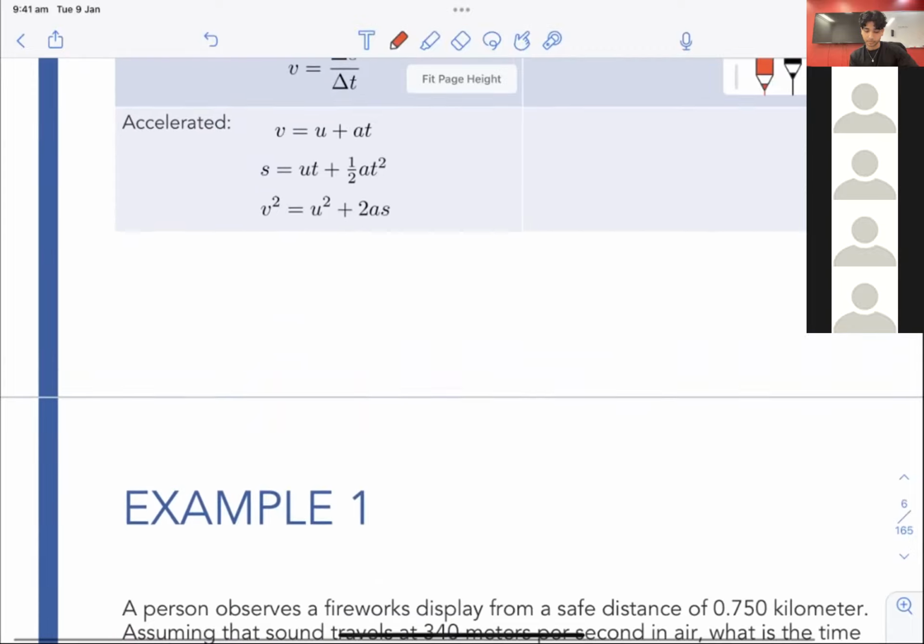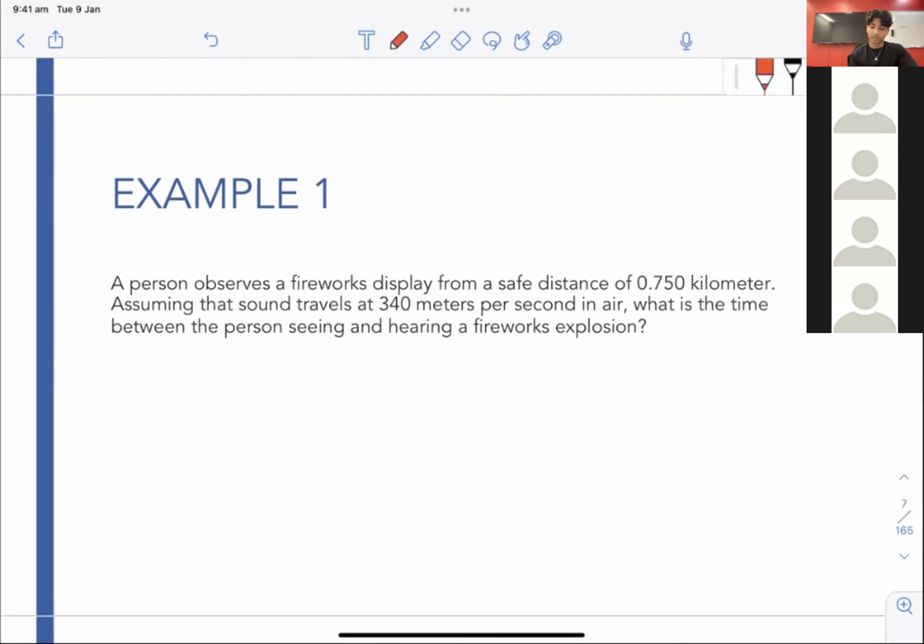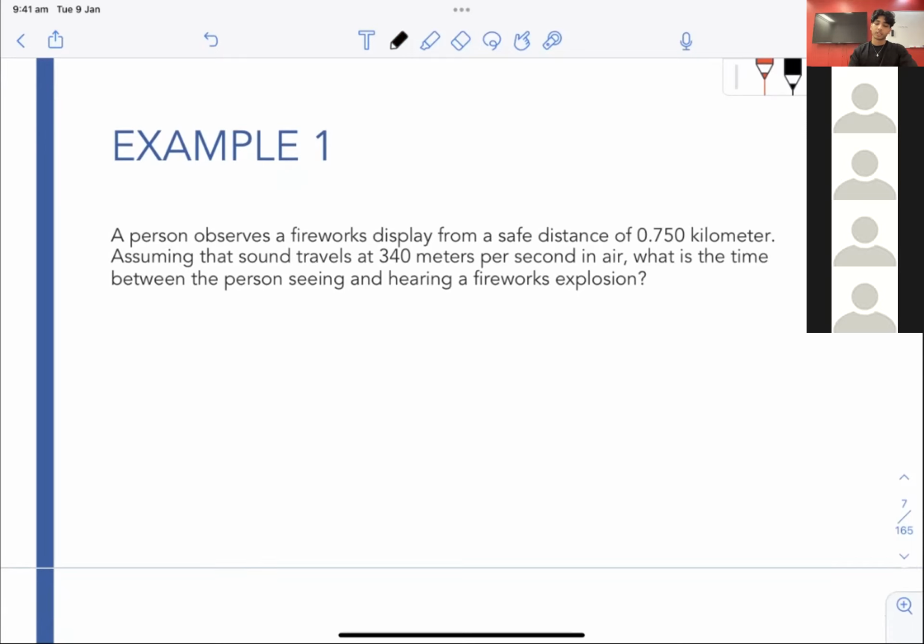All right. Example 1. A person observes a firework display from a safe distance of 0.75 kilometers. Assuming that sound travels at 340 meters per second in the air, what is the time between the person seeing and hearing a fireworks explosion? We're given a distance between a person and the fireworks, and we're also given a speed.